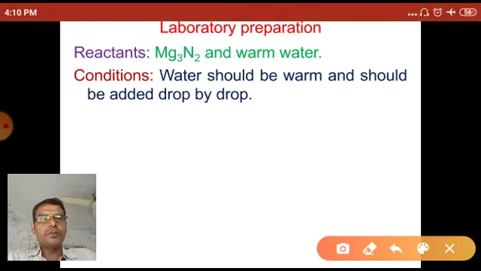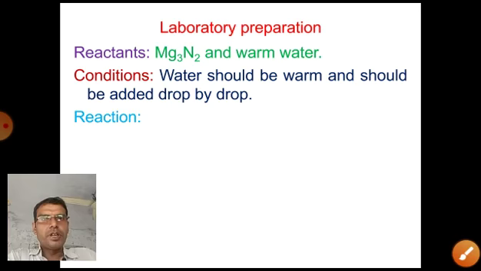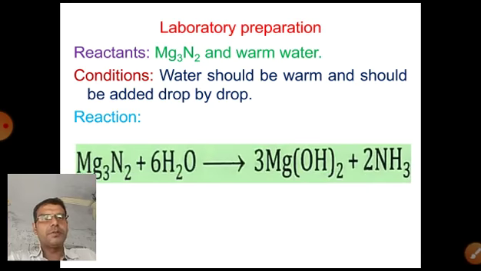Now the conditions for the preparation of ammonia by this method: the water should be warm and should be added drop by drop on the magnesium nitride for the reaction. The reaction taking place is that magnesium nitride reacts with hot water to form magnesium hydroxide and release ammonia gas.